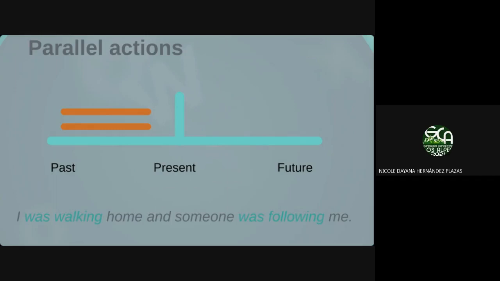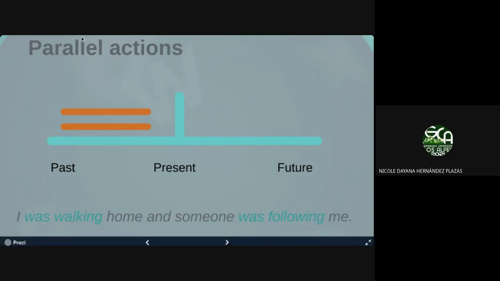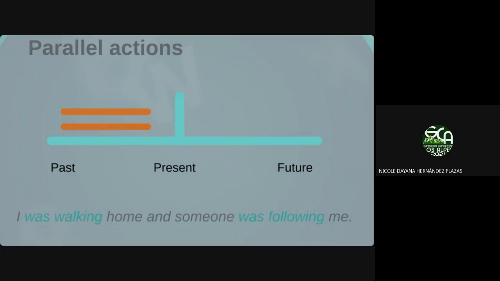Cuando ustedes tienen dos acciones y una interrumpe a la otra, vas a usar la que interrumpe en pasado simple y la que es interrumpida, o sea, la larga, en pasado continuo. Pero cuando tienes acciones paralelas, when you have parallel actions, guys, you are going to use just past continuous.